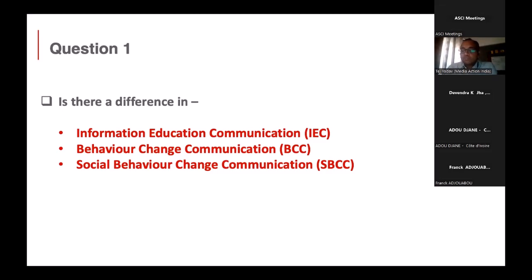So once programs realized that giving people information and educating them wasn't really working well, they tried behavior change communication. And behavior change communication looked at behaviors more closely and realized that there was much more than just giving knowledge or educating people.